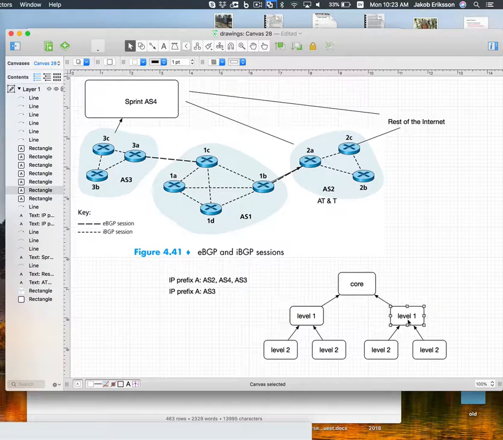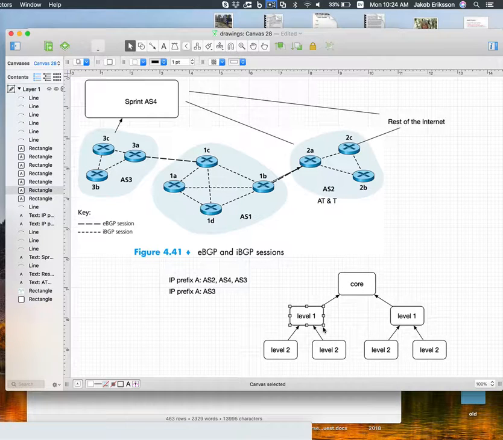And then there might be several little groupings of level 1 ASs that are connected to each other. So Comcast and some other, let's see, isn't Time Warner, they have a cable network? Yeah, so for example, Comcast and Time Warner might have links between themselves because they serve the same service area, North America, let's say.